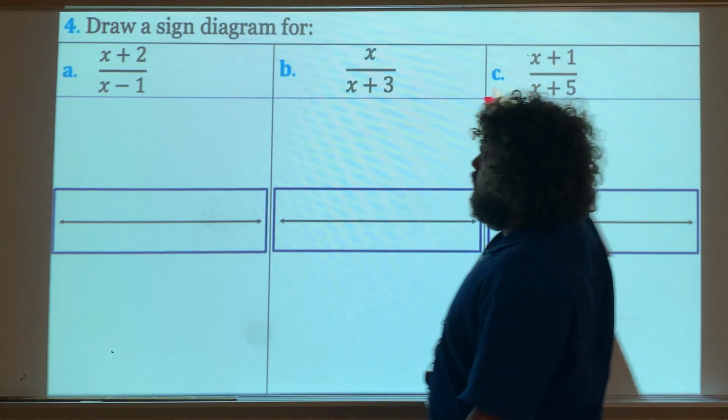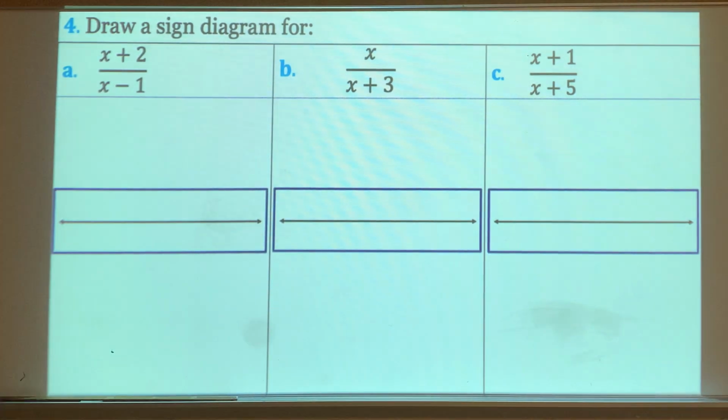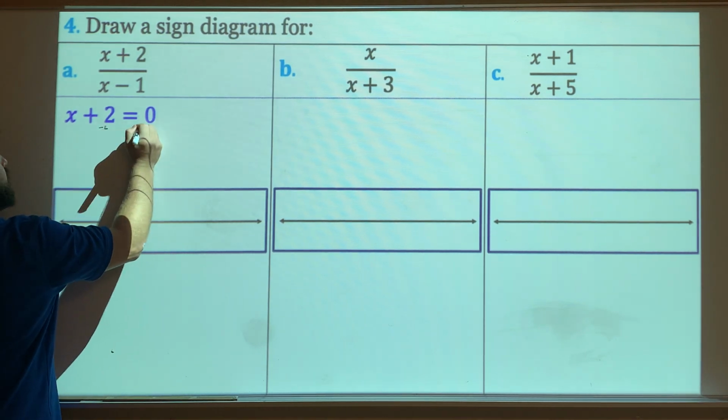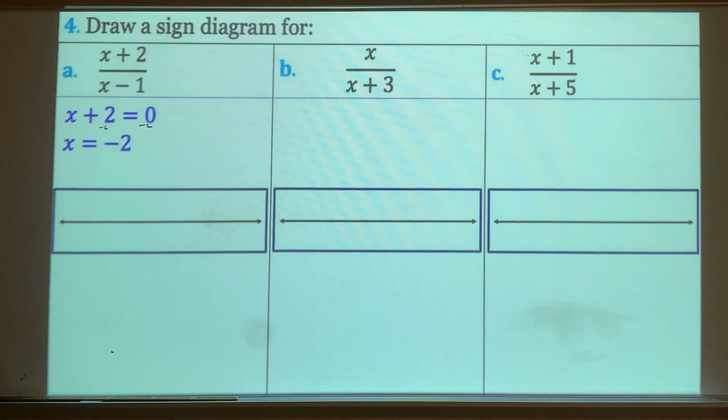All right, so number 4, draw a sign diagram for the following. All right, so you set the numerator equal to 0. x plus 2 equals 0. What you're going to do to the top and the bottom is you are going to subtract 2. x equals negative 2.